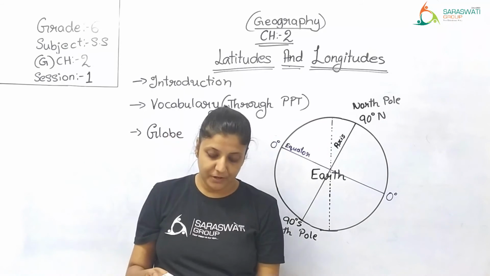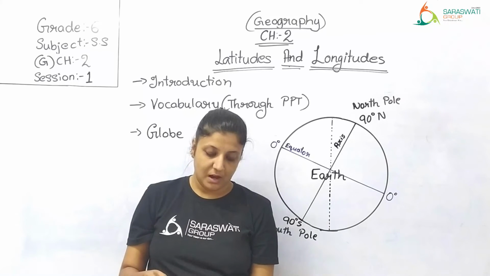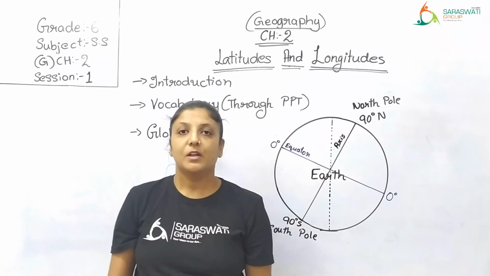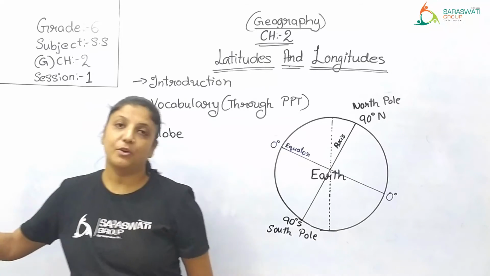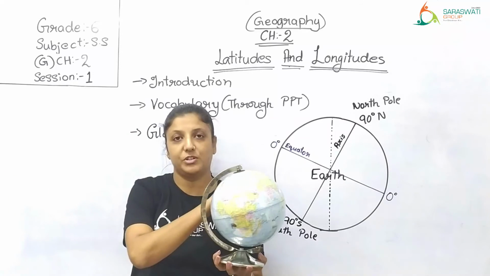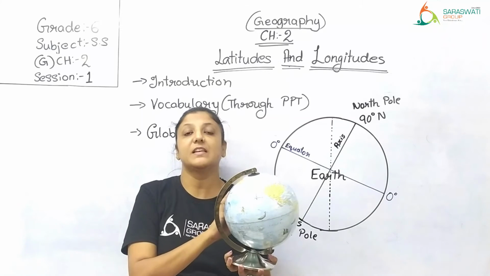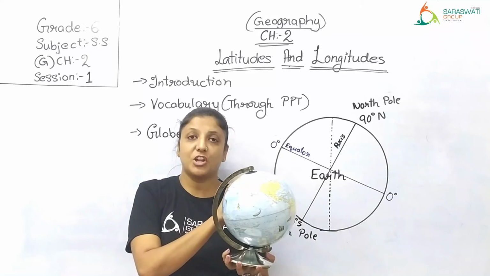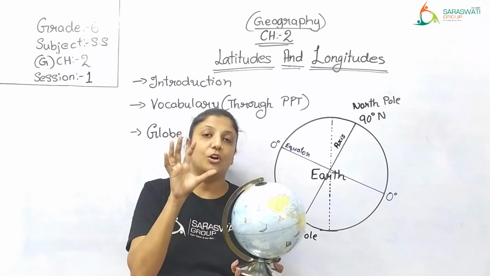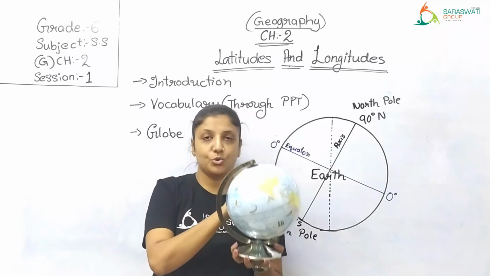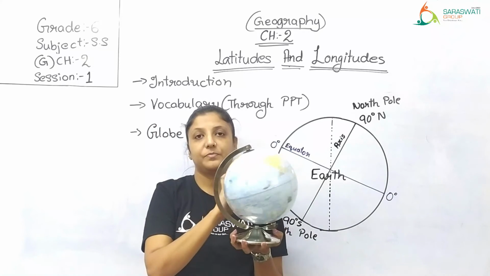The shapes of the continents and the oceans are shown quite accurately on the globe. Accurately means exactly the shape as you can see on the surface of the earth. The same shapes are shown on the globe as well.